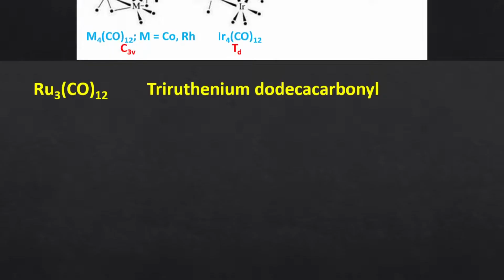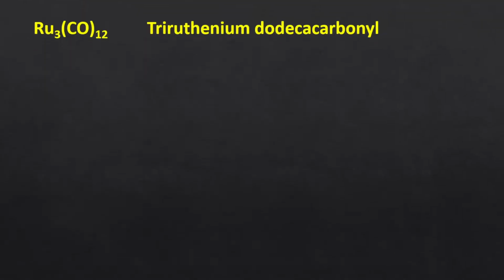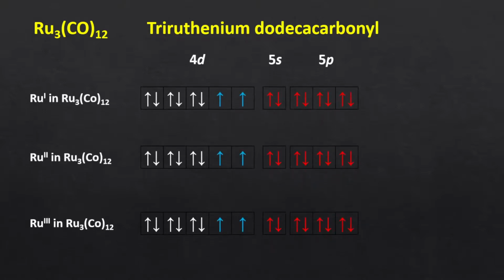Let us consider the example of triruthenium dodecacarbonyl. In this complex, there are 3 ruthenium atoms, so the number of electrons involved in 3 ruthenium-ruthenium bonds will be 6. The atomic number of ruthenium is 44, so its valence electronic configuration in the excited state is 3d8 4s0 4p0.